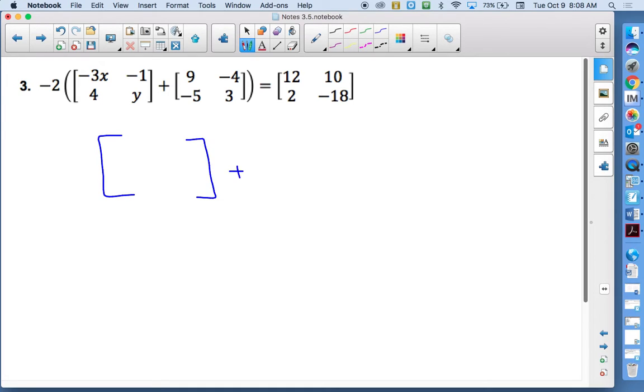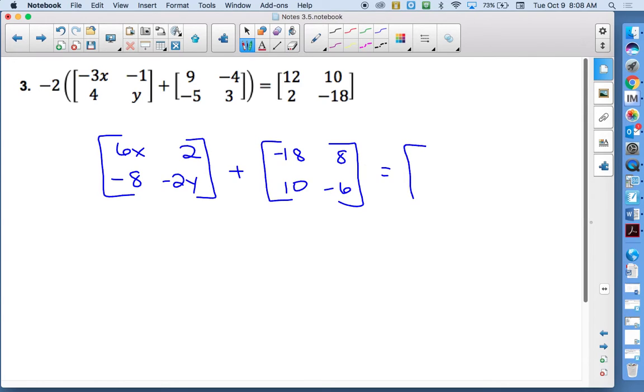Okay, so what does it become when you distribute negative 2? 6x minus 8, negative 2y minus 18. And the other side does not change because it's not inside of parentheses, so it stays as 12, 10, 2, and negative 18.